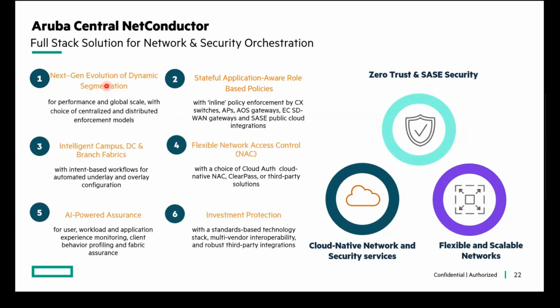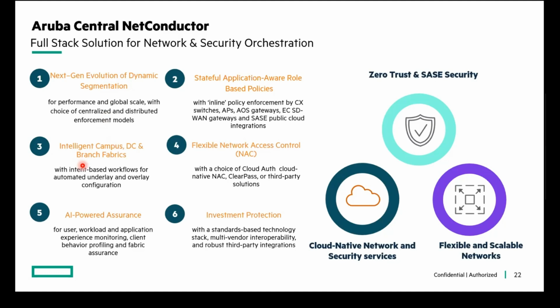So with the Central Net Conductor, the orchestration provides a distributed model, providing overlay-based automation with BGP, EVPN, VXLAN, or static VXLAN. The static VXLAN capability has been newly introduced in 6200. We'll be seeing that in the next slide.